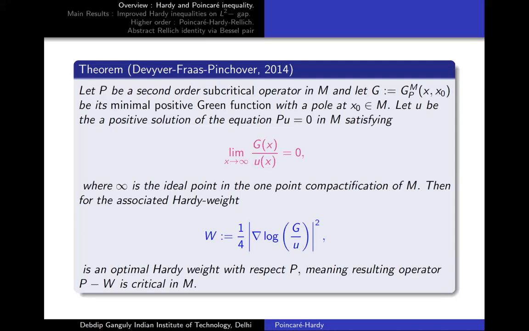As the exhaustion gives a bigger set, using the Harnack principle there is always an increasing sequence of Green's functions. By Harnack there are two possibilities: either it goes to infinity, or it goes to a positive solution, another Green's function G. If it goes to infinity, we call the operator critical. If it goes to some fixed finite positive G, then we call it subcritical. This is the way we construct the Green's function for any subcritical operator in a manifold.